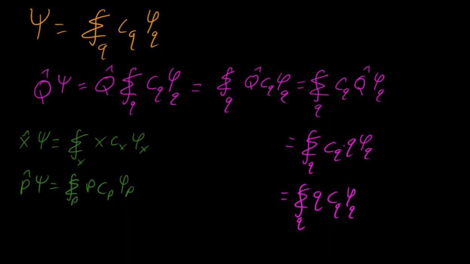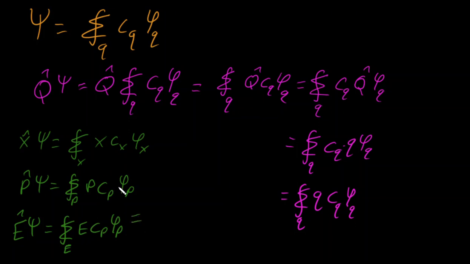That's how the operators work. They go inside, and when the operator acts on each part, it brings down its eigenvalue, right? And then E hat acting on psi is equal to the superposition over energy of the energy Ce phi e, right? And now usually we'll write this one as a sum.